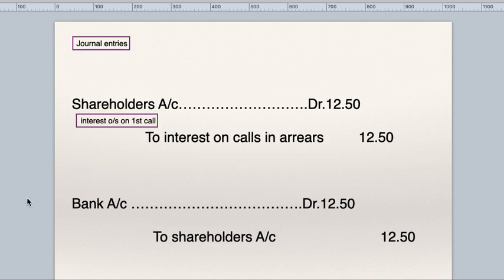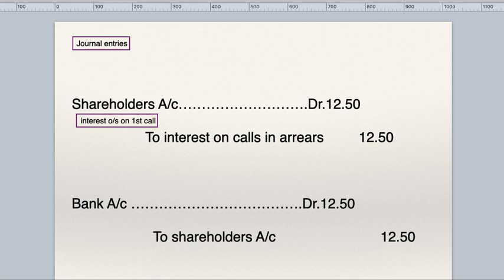Now you have to calculate interest on calls in arrears, that is first call. The last date which was fixed for first call was 31st July. But on 150 shares, first call was due.